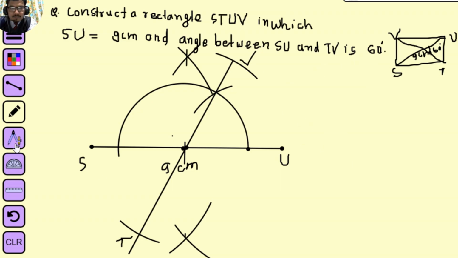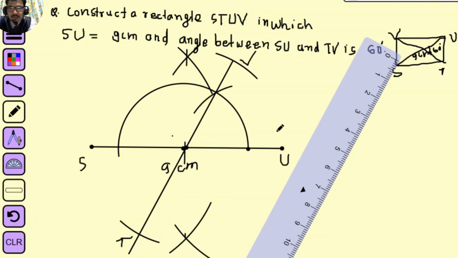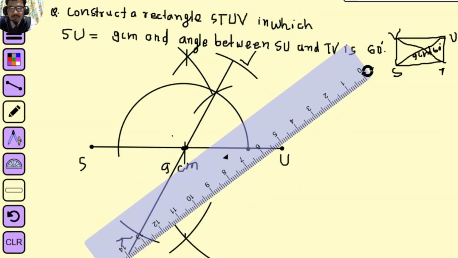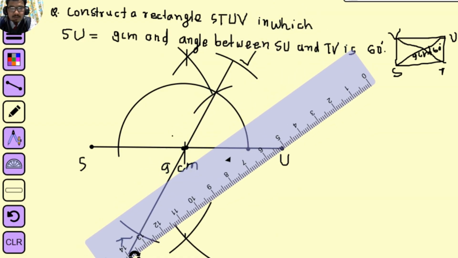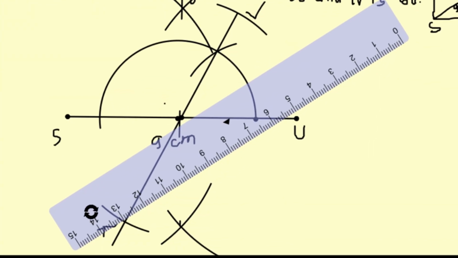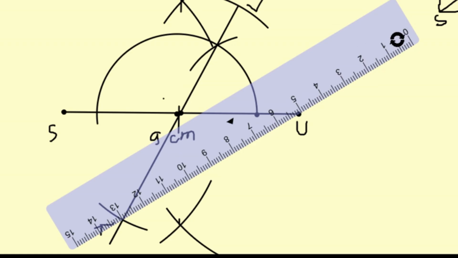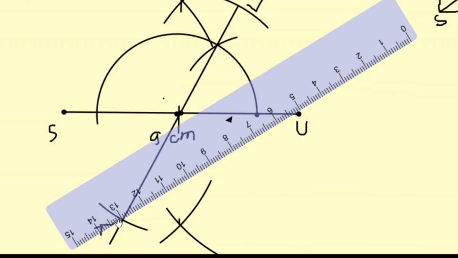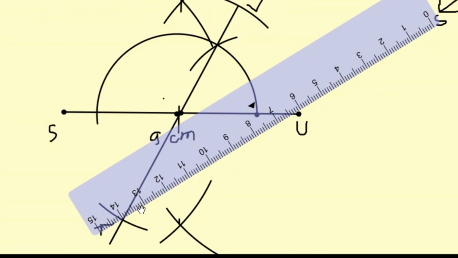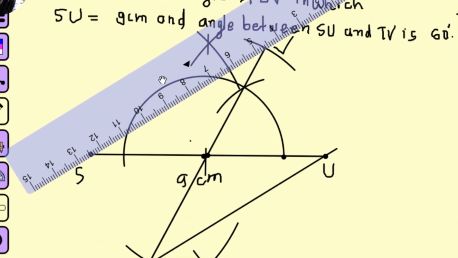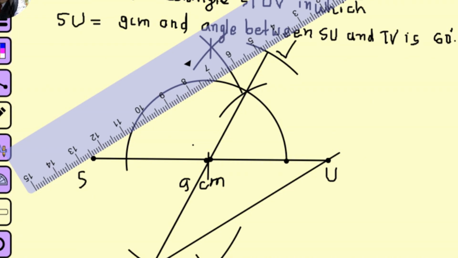And now join them with the help of a ruler. Let's put the ruler like this. We are joining T and U, like this. Put the ruler and join T and U. Similarly, let's join S and B, like this.